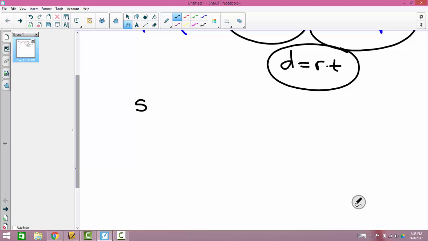So S equals W minus 10E divided by M. And this is an equation for a typing speed where S is the speed of the words per minute. W is the number of words.